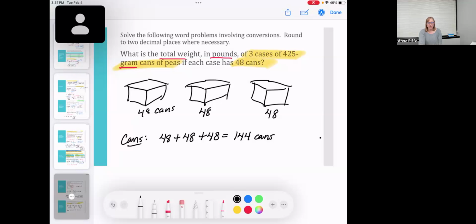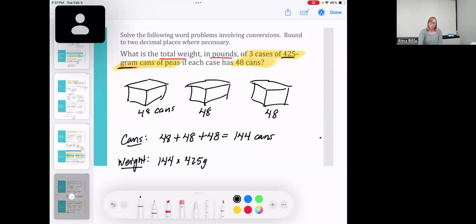So if I know the number of cans, then I can note that each of those cans has 425 grams in it. So I can find the weight in grams by multiplication now. I can take the number of cans, multiply it by the weight of each can, which is in grams.